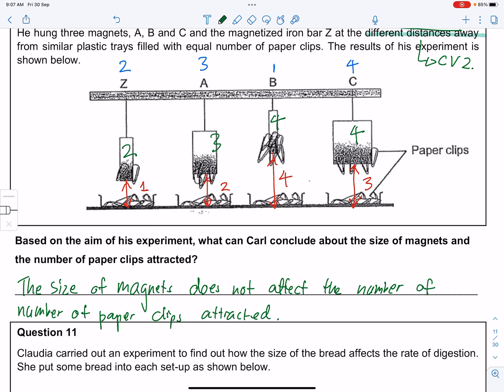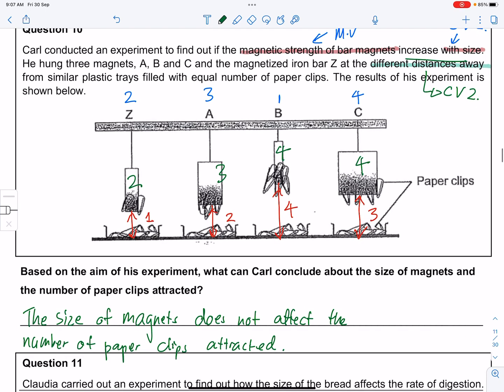The size of magnet does not affect the number of paper clips. Or another way is you copy back the exact same thing: increasing size of magnet does not affect the magnetic strength of your bar magnet.